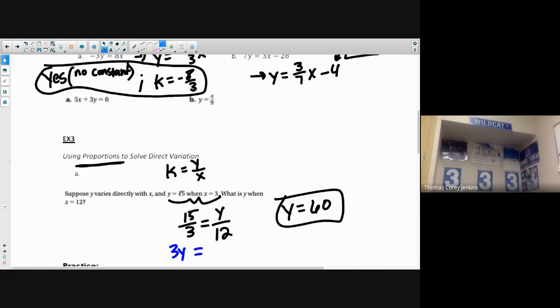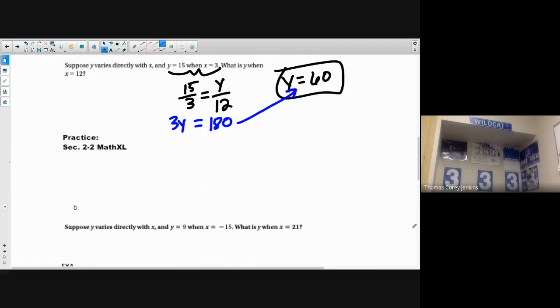But I think this says +15 here, so I'm just going to solve it as is. Anyways, if we want to solve this as a proportion, 15 times 12 is 180, and then 180 divided by 3 is going to give me that. Okay. Moving on to the next one. I'm going to leave that one for you all.